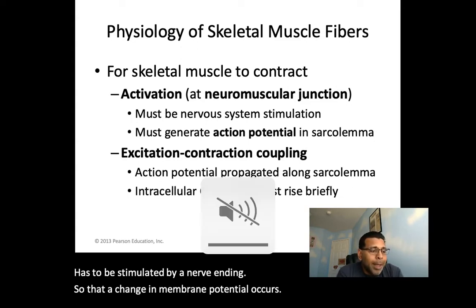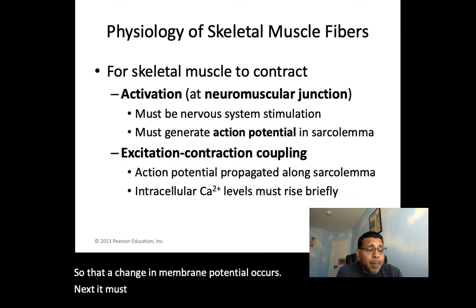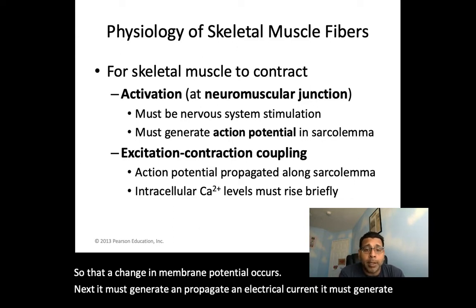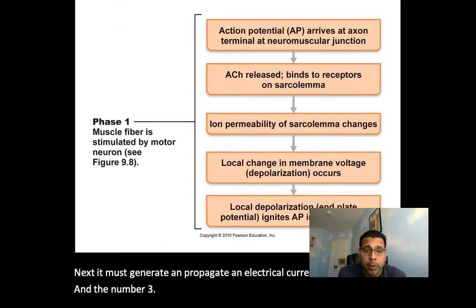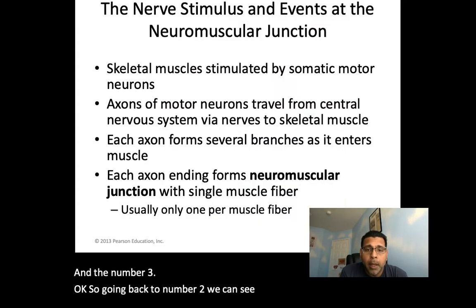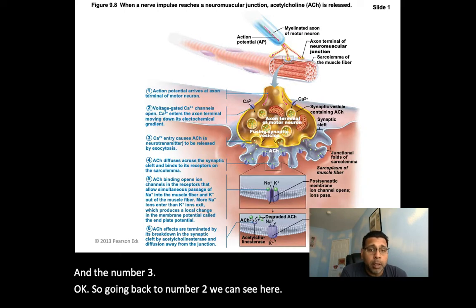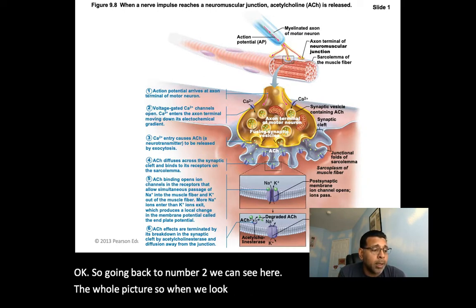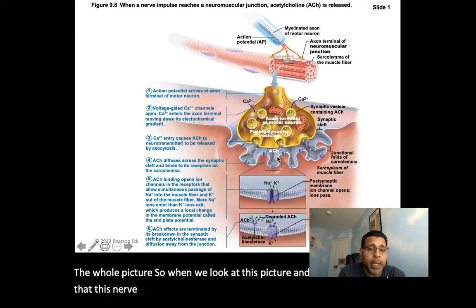Next, it must generate and propagate an electrical current. And then number three, going back to number two, we can see here the whole picture. When we look at this picture, number one, it says that this nerve ending has to create a change in membrane potential.